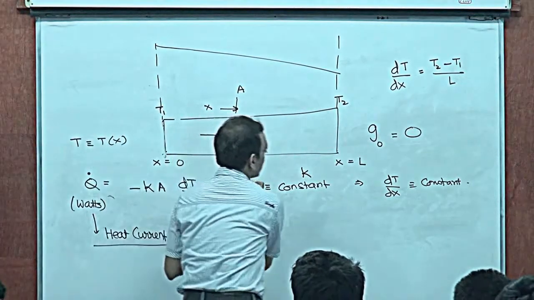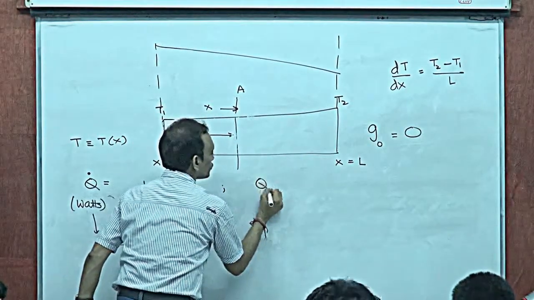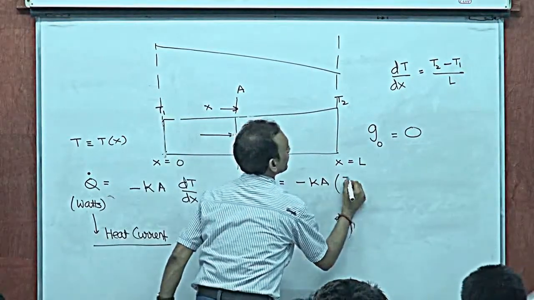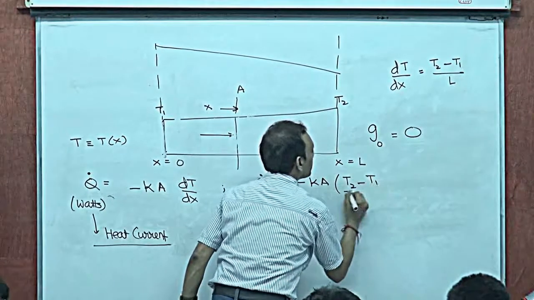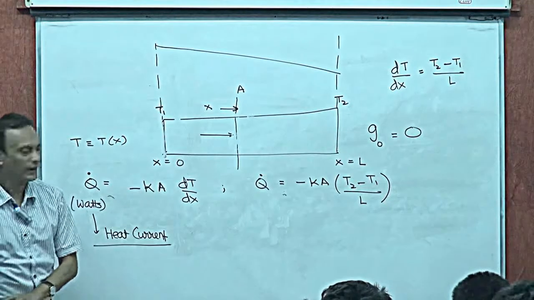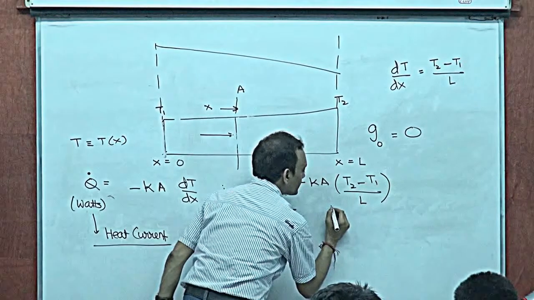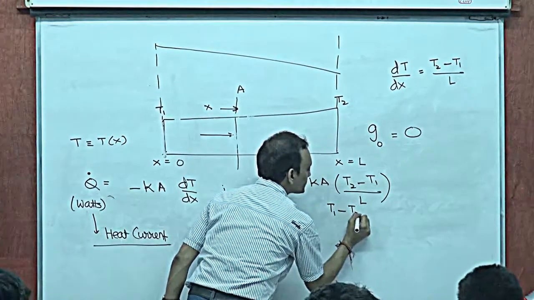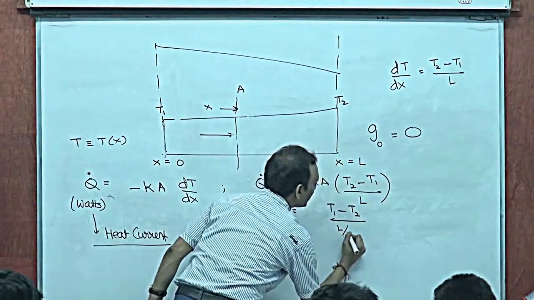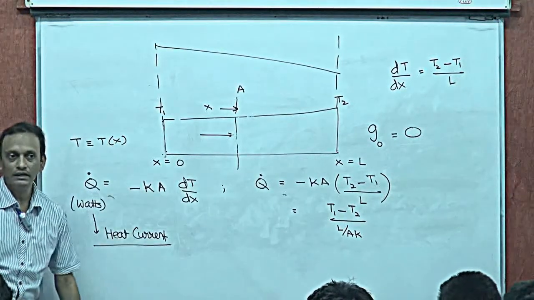So which really means that Q dot is minus KA times (T2 minus T1) by L. So this I can write as T1 minus T2, which means the fall of temperature, divided by L by AK. Clear?